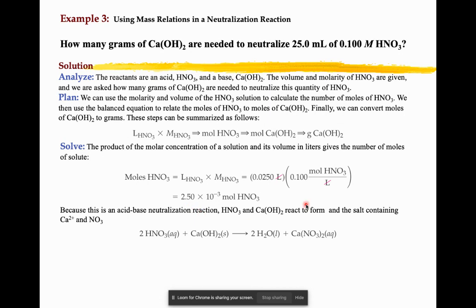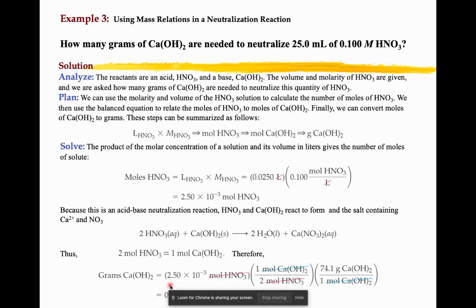Before that, we need to have also the balanced chemical equation so that we will be able to get the mole ratio. All right. So in getting the mole ratio, we refer to the balanced chemical equation here.